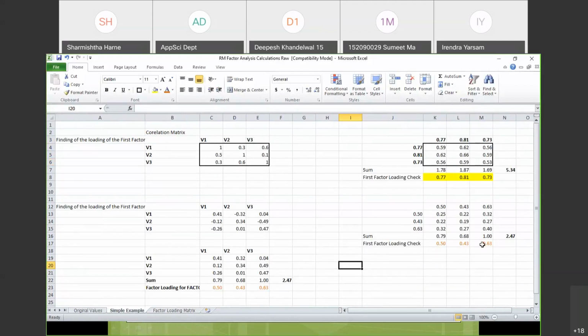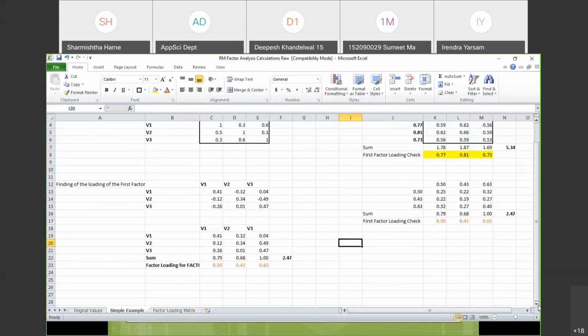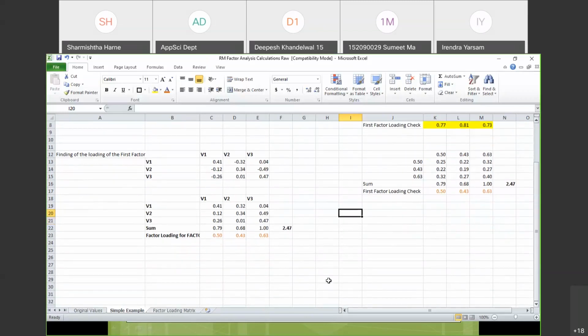V1, V2, V3. Right. Okay. So, would you like to try the third factor's loading? Second factor, third factor.